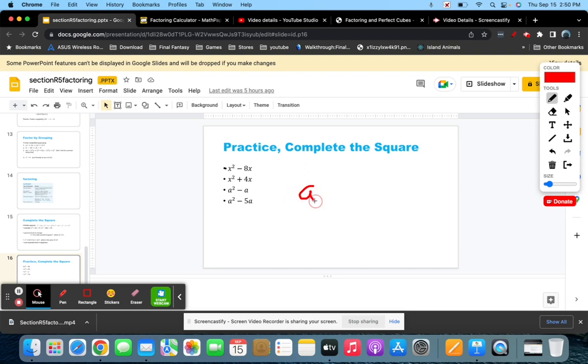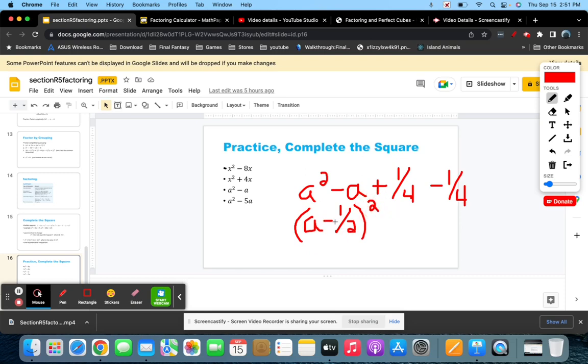So it's going to say a squared minus a plus 1/4 minus 1/4 to keep it balanced. And then this a squared minus a plus 1/4 is just going to be a minus 1/2 squared.